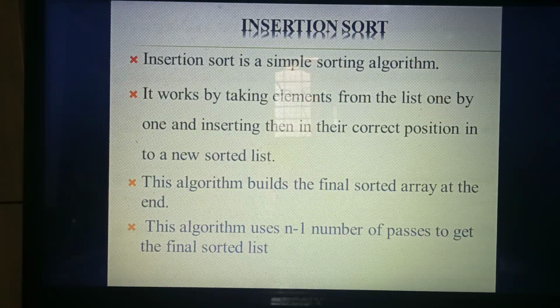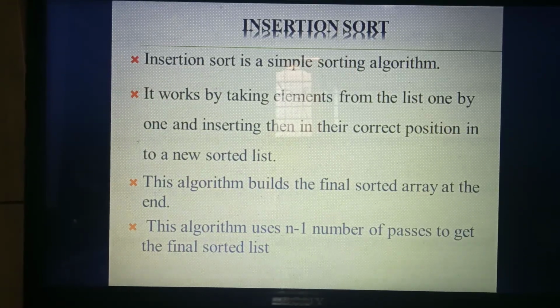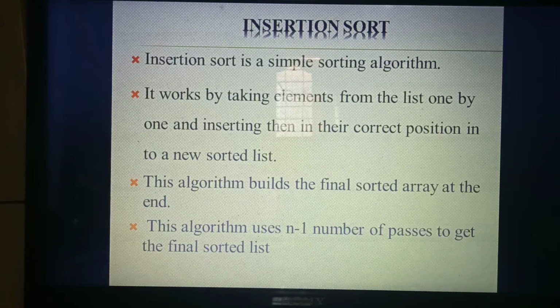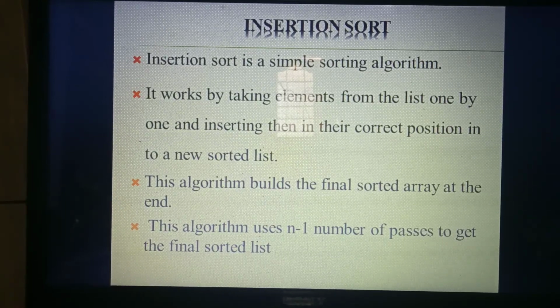I'll explain with an example, then you will understand. You already have some elements stored in the list. From the list you take the elements one by one and insert each in the correct position in a new sorted list.